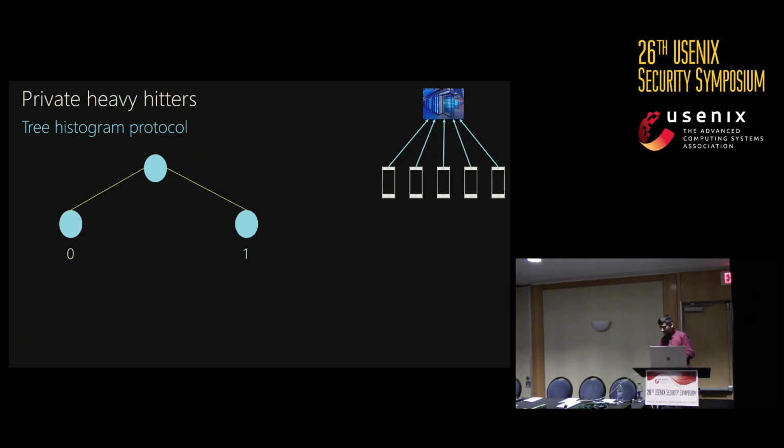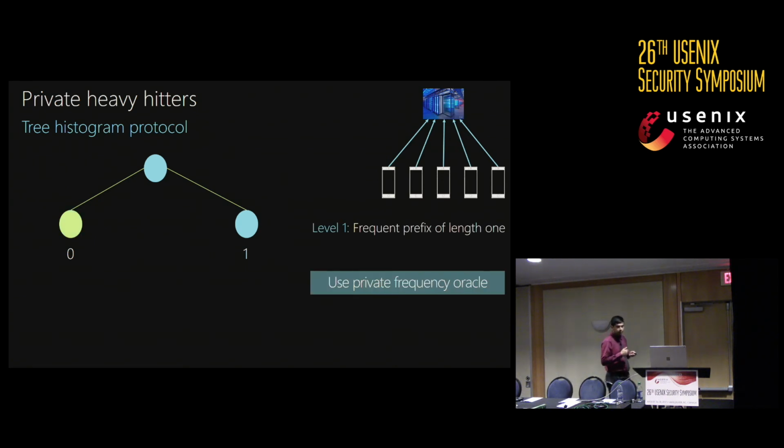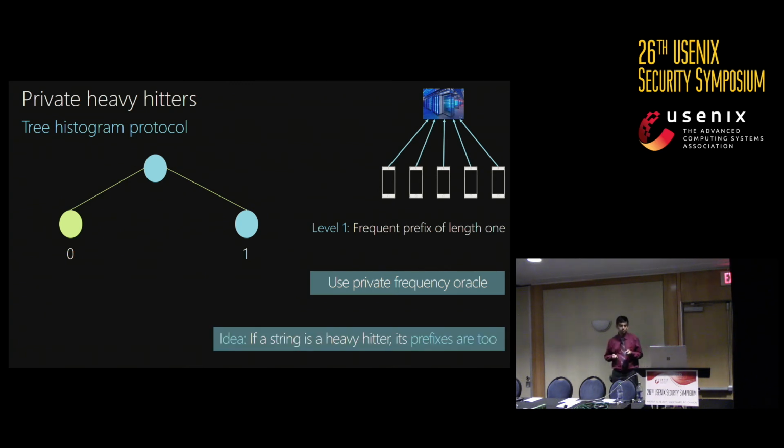Then first figure out whether the bit 0 is sufficiently frequent or the bit 1 is sufficiently frequent in the first location. So one thing to notice is that if a term is frequent, its prefixes are also frequent. So this is the first observation. And I can use my frequency oracle to figure out the frequencies of the prefixes. Remember that I designed a differentially private frequency oracle. If a string S is a heavy hitter, its prefixes are also heavy hitters.